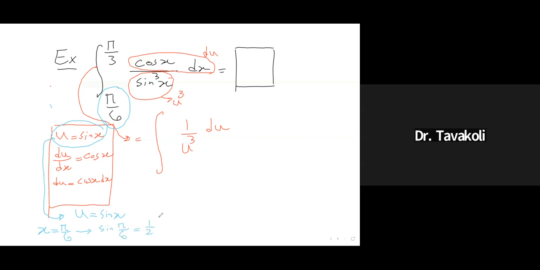It is 1/2. And when x is the upper limit of the integral, pi over 3, sine of pi over 3 is radical 3 over 2. So the limits of the integral change according to substitution. The lower limit of the integral is 1/2. The upper limit of the integral is radical 3 over 2.